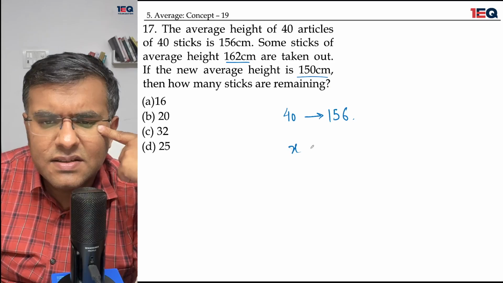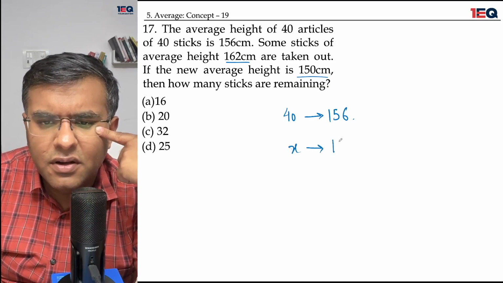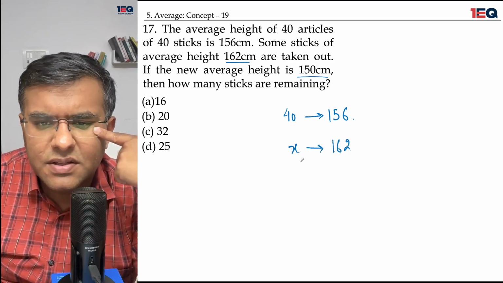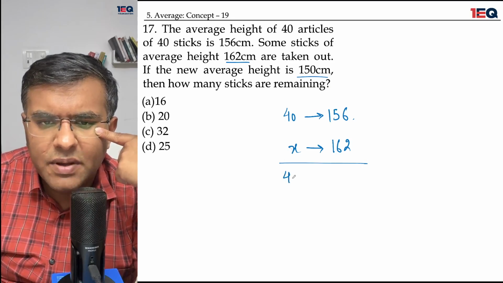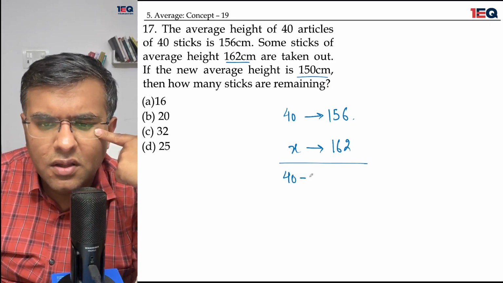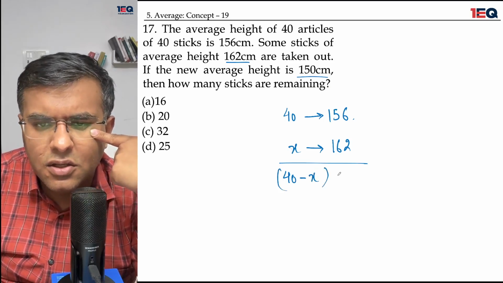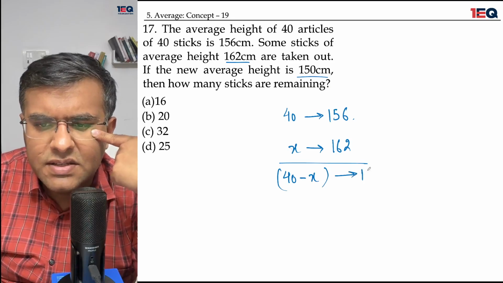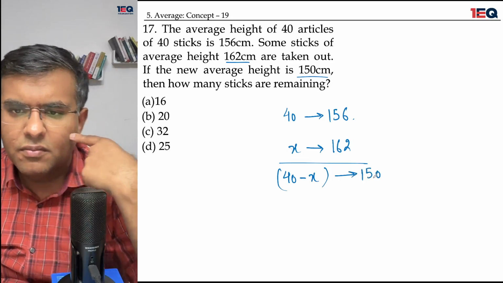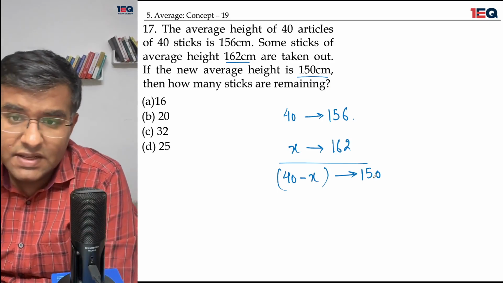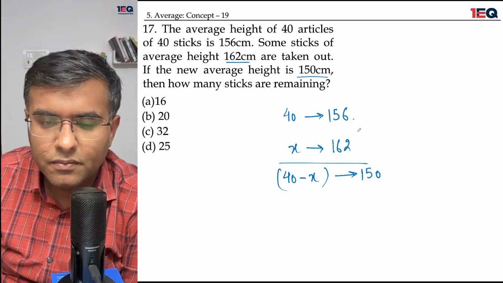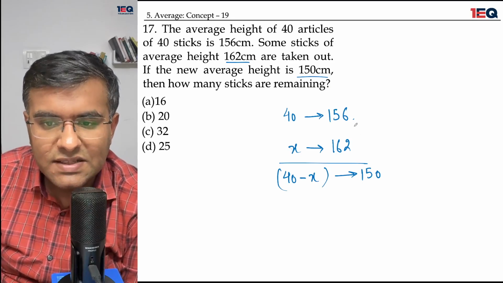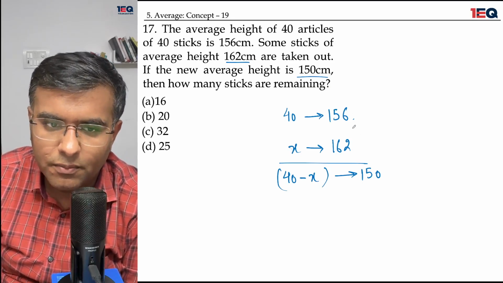Let's say X sticks are taken out and they were 162 centimeters each. Whatever is left behind, 40 minus X, has the new average height of 150.